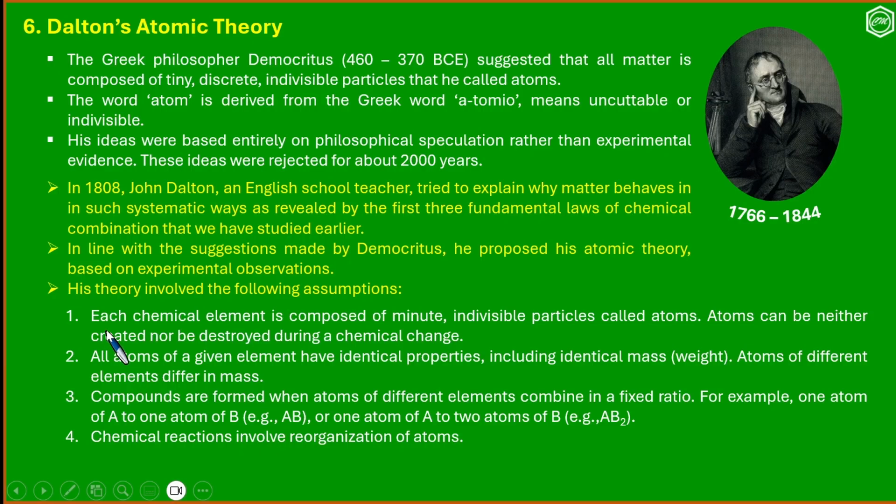From assumption 1, if atoms of an element are indestructible, the same atoms must be present before and after a reaction. Hence, the total mass remains unchanged. Thus, Dalton's theory explains the law of conservation of mass.